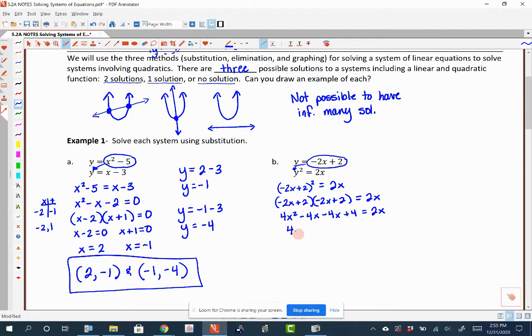So I'm going to think about bringing this 2x over also as I'm simplifying. So negative 4x and negative 4x gives me a negative 8x, but I'm subtracting over 2x, so that'll give me a negative 10x, and then I have the constant, and now that equals 0 as I've subtracted that 2x over.